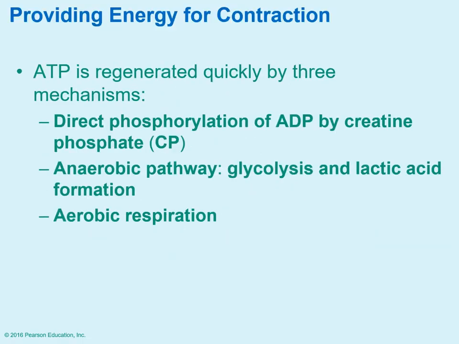There's several different pathways, and these are the 3 most common. You can get more ATP from breaking down creatine phosphate. You can get some ATP from anaerobic pathways, and then finally from aerobic respiration. Anaerobic means without oxygen. Aerobic is with oxygen.